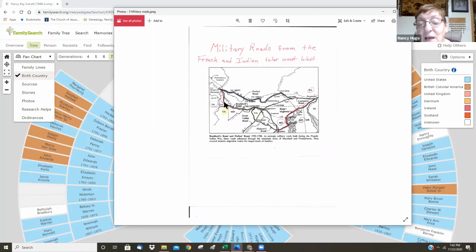So here's the bottom edge of Pennsylvania in this map. And so they might have come on Braddock's Road over. That's very likely. It is not surprising that they were in Ohio and then Indiana. That's not surprising at all.